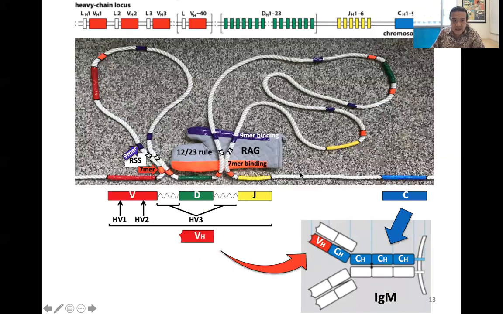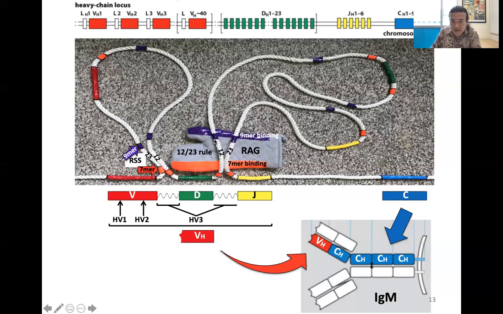So review the process of VDJ recombination. Remember that this happens through this process of the 12-23 rule. Each one of these colored blocks is flanked on either side by these conserved DNA sequences, these heptamers and nonamers that are spaced apart by either 12 or 23. Could be any DNA bases. Those are the non-important parts.